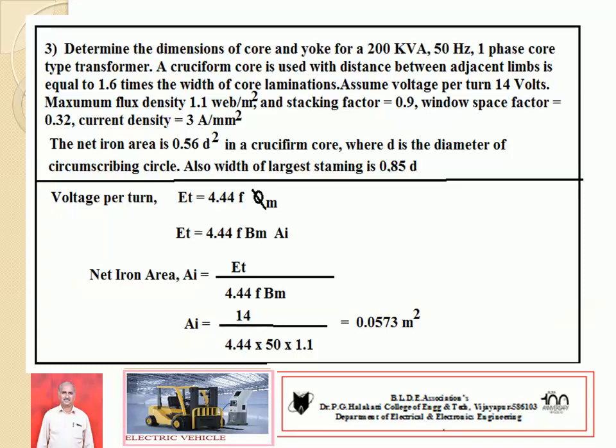Assume voltage per turn 14 volts, maximum flux density 1.1, stacking factor 0.9, window space factor 0.32, current density. This problem has been asked a number of times in VTU examination for 8 to 10 marks. It is also asked in internal assessment. This problem is very, very important.